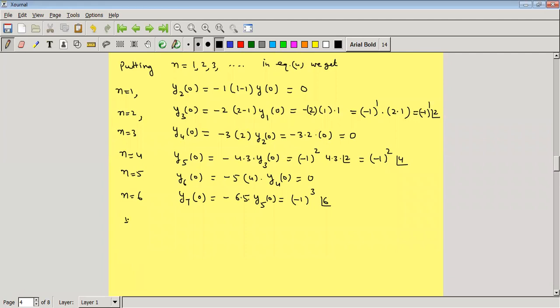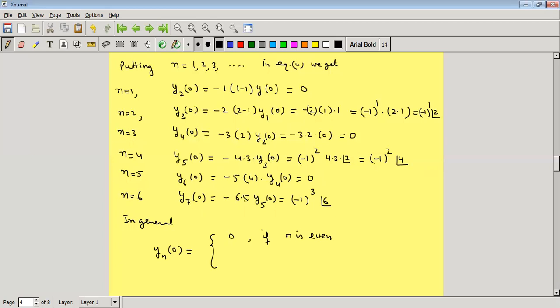In general, what do we get? y(n) at 0 is equal to 0 if n is even. And now we find the relation for the odd case.